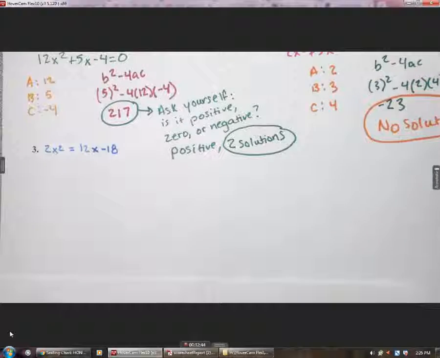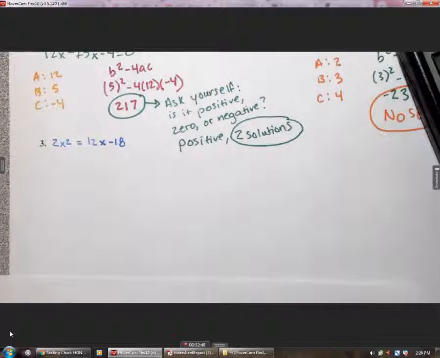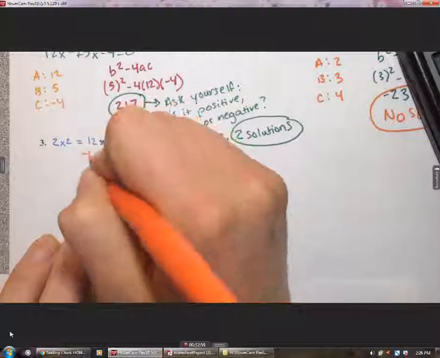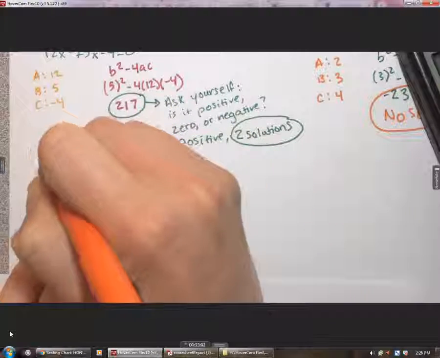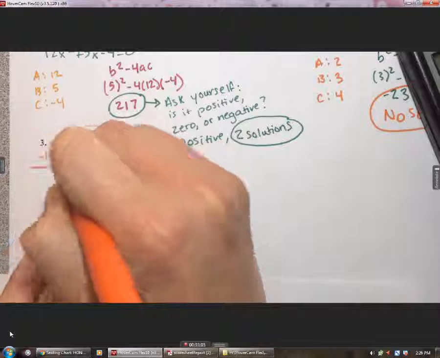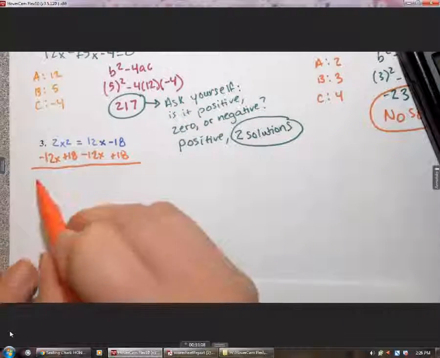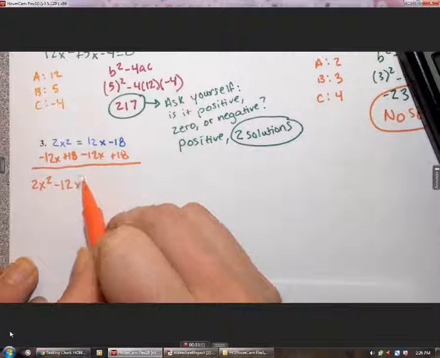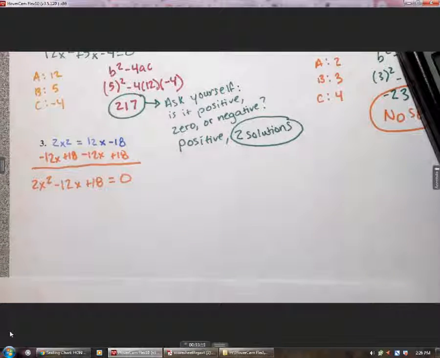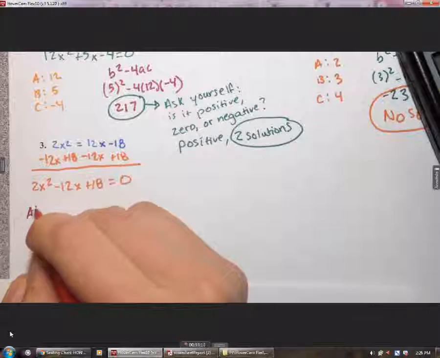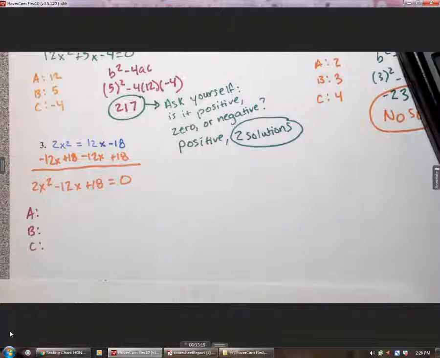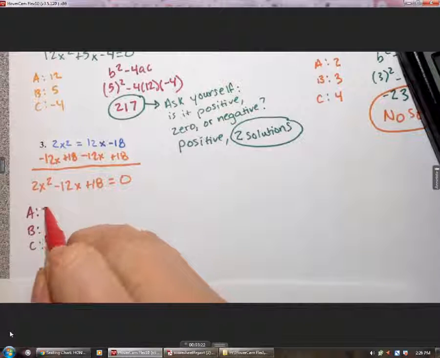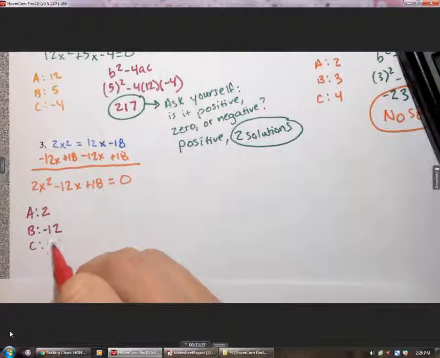Last one. What do you do first? Can you minus 12x? You can. Add 18? Yes, minus 12x and add 18. So you have 2x squared minus 12x plus 18 equals 0. A is, B is, C is.